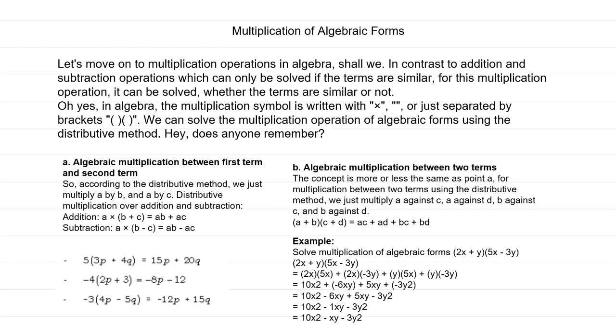Example: solve the multiplication of algebraic forms (2x plus y) times (5x minus 3y).